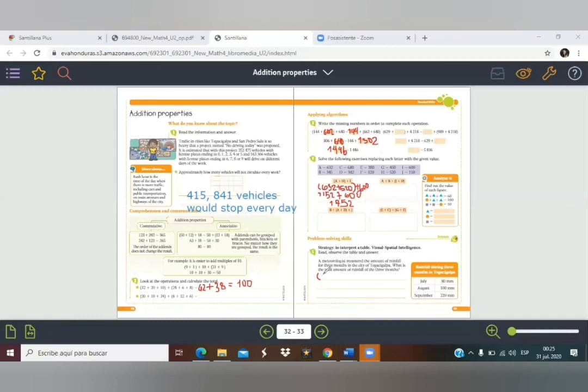For example, 80 plus 220, okay, close the parentheses, plus 100.